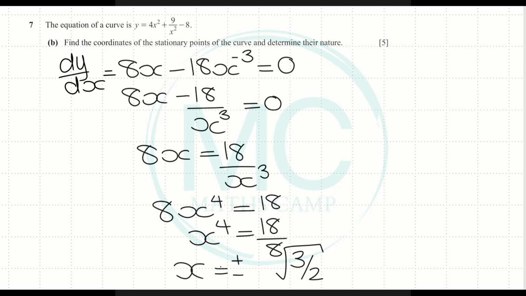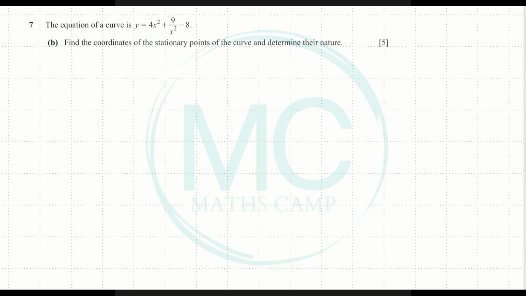So let's make some space. And up here, I'm just going to make a note that our x values are positive or negative 3 over 2 under a square root. To find the y coordinates, we substitute our x value into x in the equation.